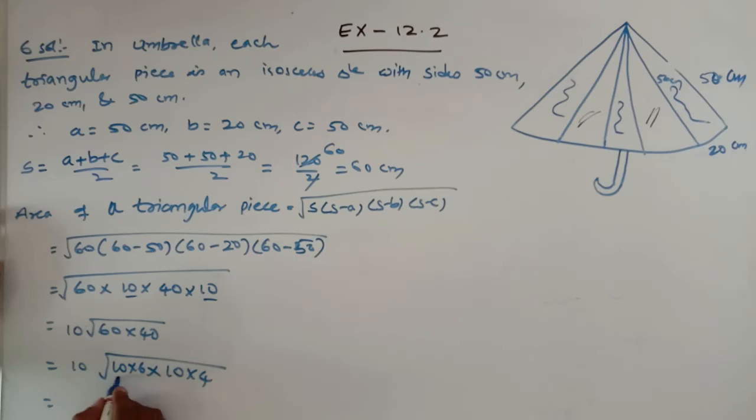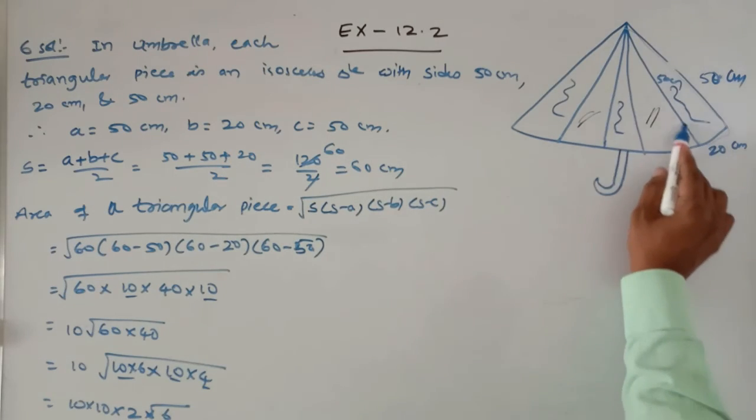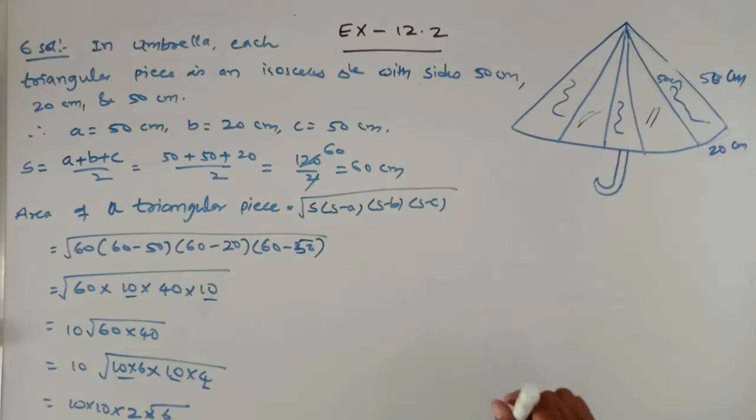So here 10 and 4: 10 into 10, the square root of 4 is 2, and the square root of 6. That is equal to 100 into 2 is 200 root 6 square centimeters. This is the area of one triangle, 200 square root 6 square centimeters.